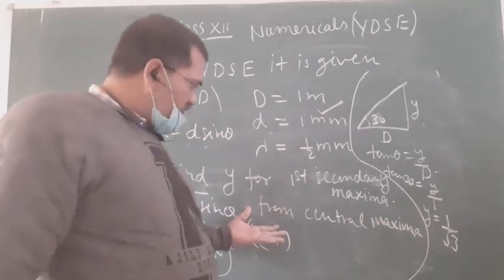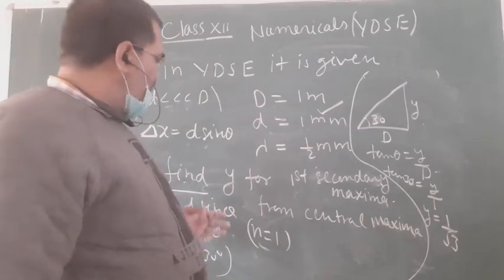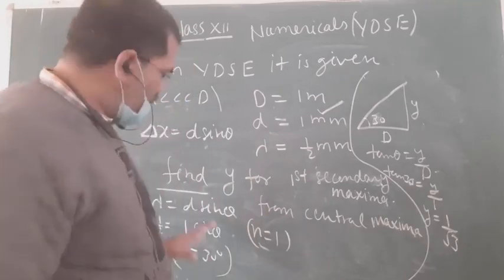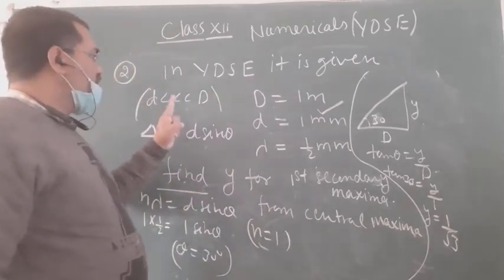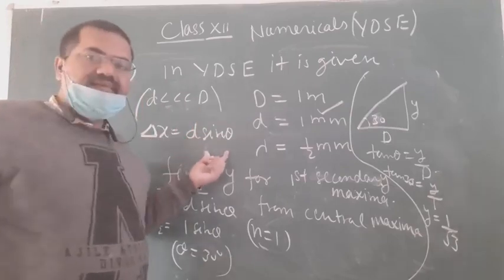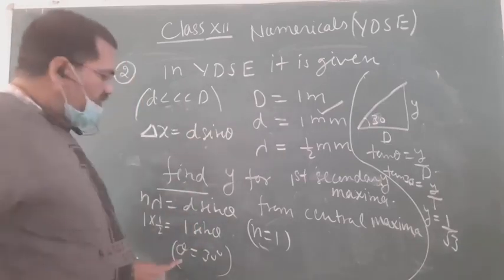This was the question where we have to find y for first secondary maximum. So first of all, there is one assumption, that is small d much lesser than capital D. Then path difference between two will be delta equal to d sin theta. So first of all, we should find sin theta here.